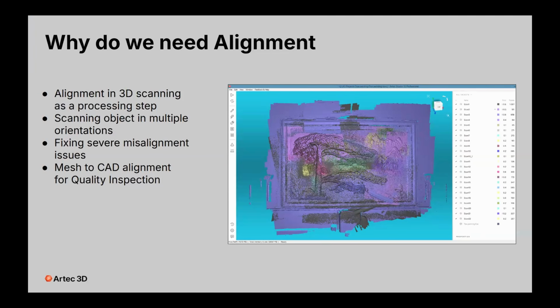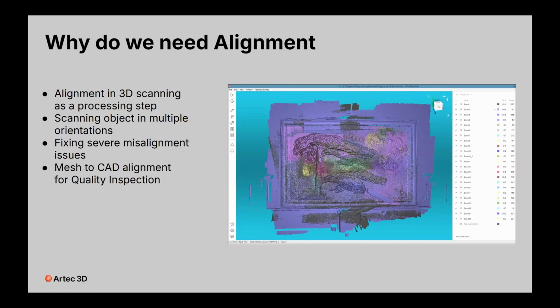There may be some rare exclusions, but in most cases, even if you're scanning your object in a single orientation, such as this beautiful painting that you can see on the screenshot right here, it was actually scanned in just a single position, but as you could see, a lot of scans were used in order to cover all of the geometry, so we still need to use alignment even in this case.